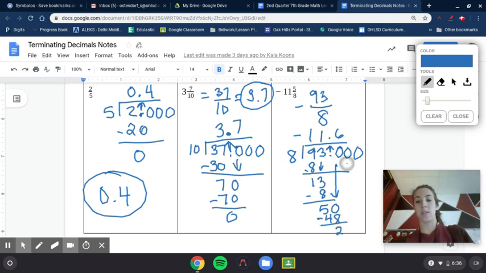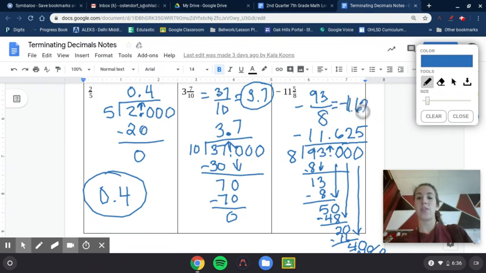Bring down your 2. 8 can go into that twice, which is 16. Minus that is 4. Bring down your 0. 8 can go into that 5 times, which is 40. 40 minus 40 is 0, so we get 0 as the remainder, which means our answer is going to be negative 11.625.